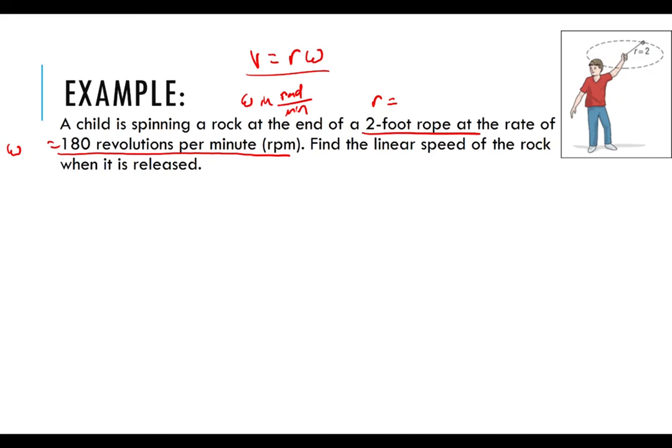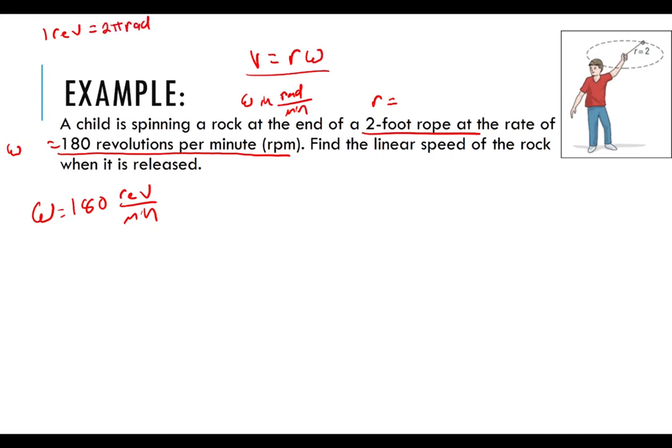So then what do we get? If omega is 180 revolutions per minute, and I need to get rid of revolutions and put it in radians, well, 1 revolution is equal to how many radians? A full rotation is 2 pi radians.